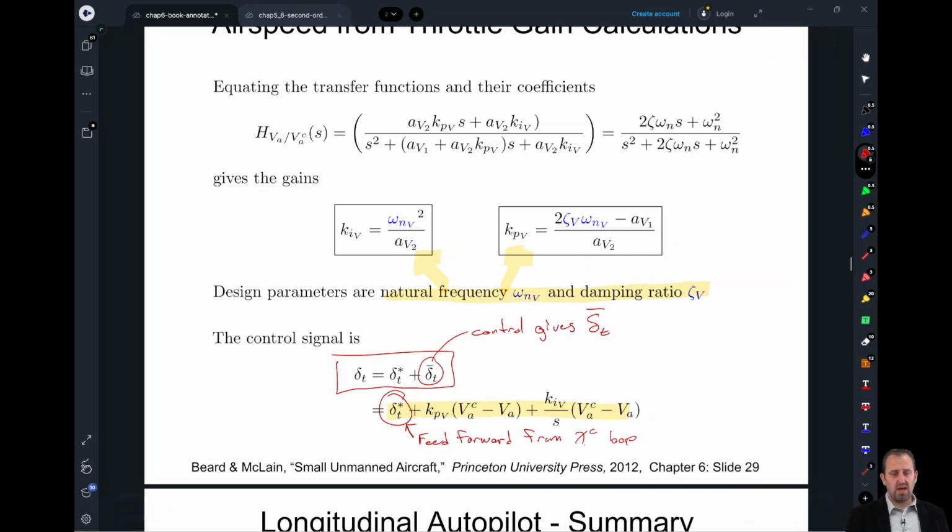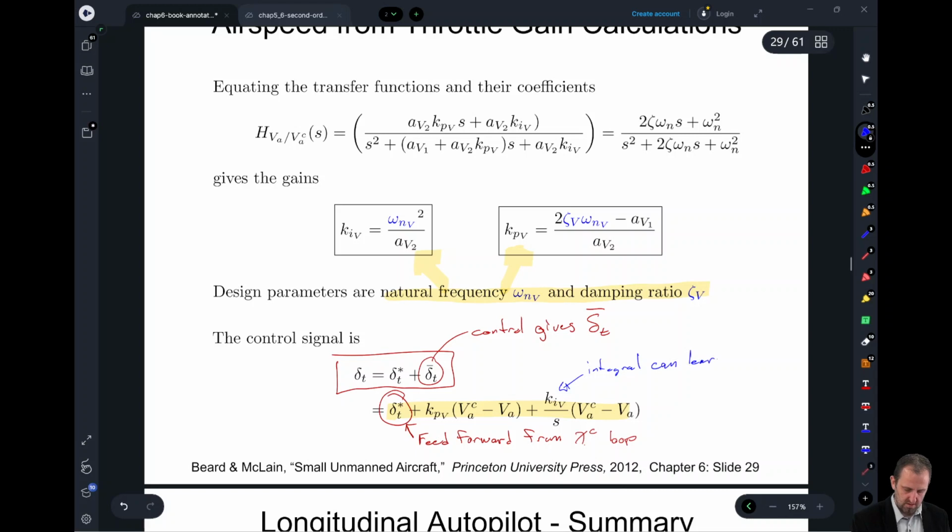And in actuality, if you don't have that feed forward term, the integral can learn it. But it will add some nasty transients, and this one is even more important than the roll angle.